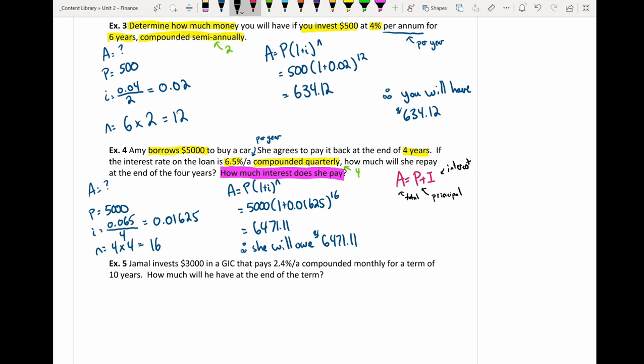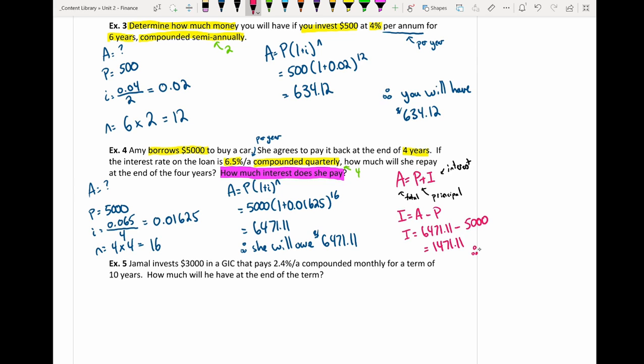So taking this, we can then rearrange it so that the interest is equal to the total amount minus the principal, or what you started with. So in this case, I is going to equal your total amount, $6,471.11 minus the $5,000 principal equals $1,471.11.